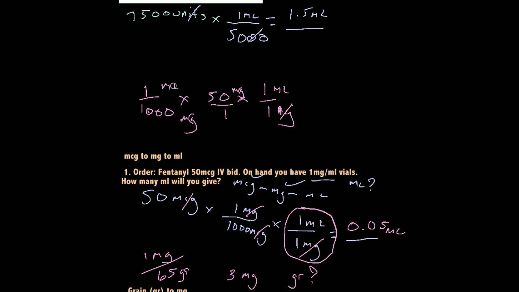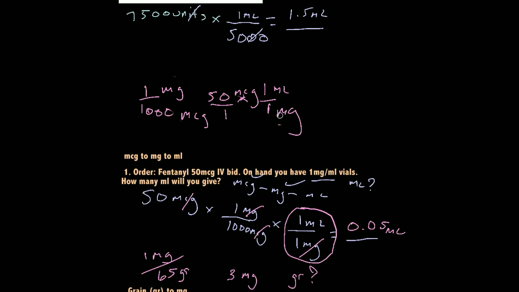Oh, I put milliliters. This should be milligrams. I've got the units all messed up on this. Alright, sorry about that. So I have 1 milliliter over 1 milligram. I have 50 micrograms, not milligrams. I have 1,000 micrograms over 1 milligram, not milliliter.